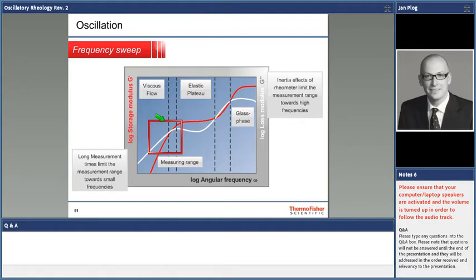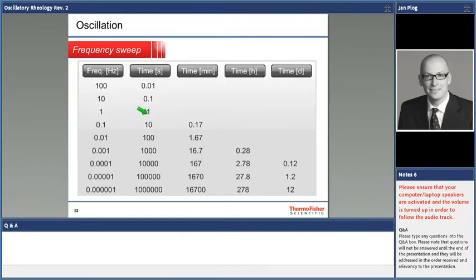However, for some materials, you can use a trick to expand this window. This is the slide I was talking about in terms of frequency ranges. At lower frequencies, we producers, us and our competitors, are always proud to say, yes, we can measure down to 10 to the minus 7 hertz or even 10 to the minus 8, which is all nice on paper.